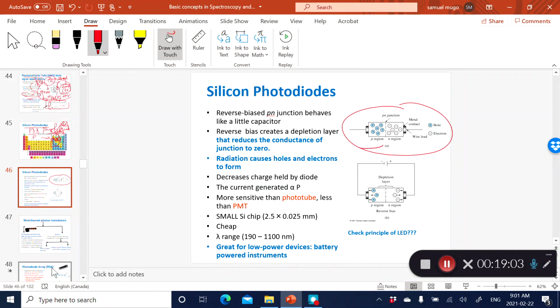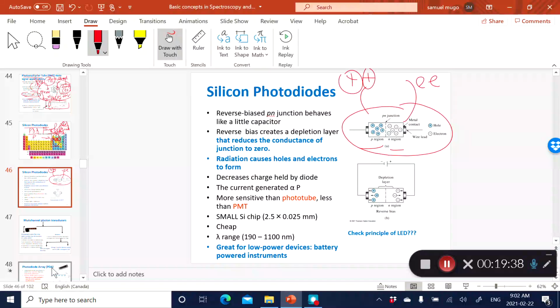I've got the P-type that is connected to the N-type. As I've tried to explain, the P-type, because it has been doped with aluminum, which has fewer electrons, has more pockets of electron-deficient holes, so it will be more positively charged. On the other hand, the N-type, which is doped with something like phosphorus, will have an excess of electrons, and this one is going to have an excess of holes.